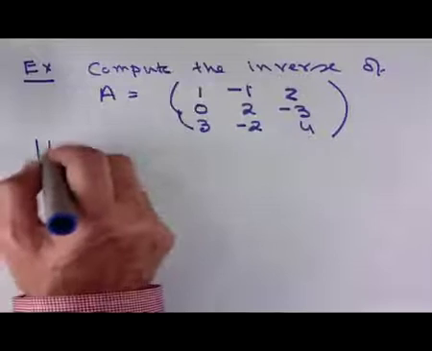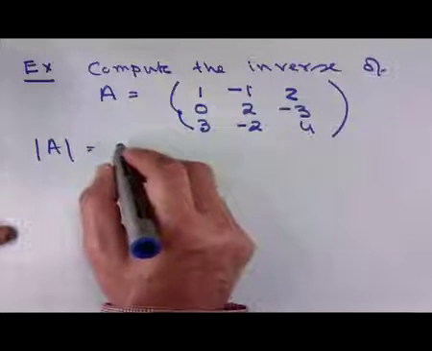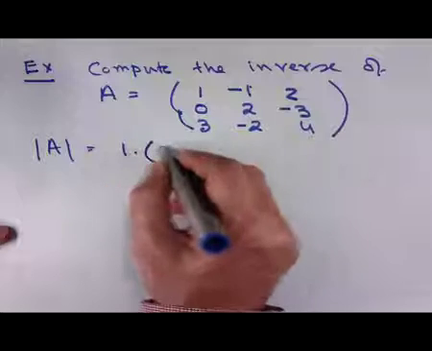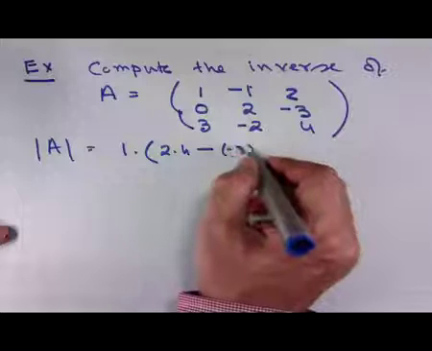Now, determinant of A is equal to 1 into 2 into 4 minus minus 3 into minus 2.